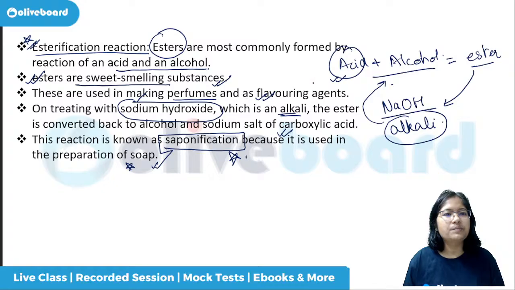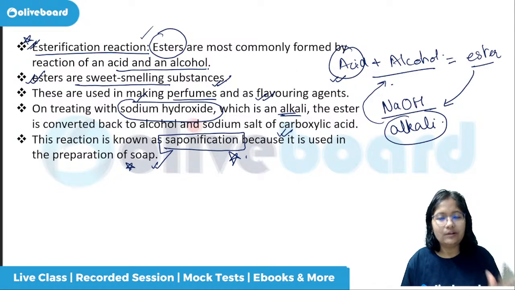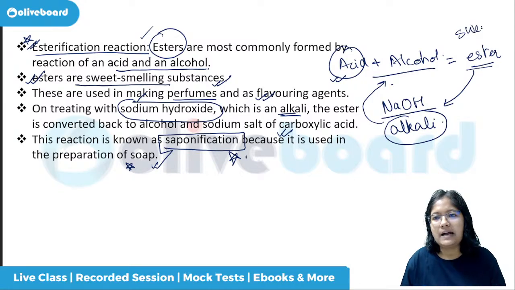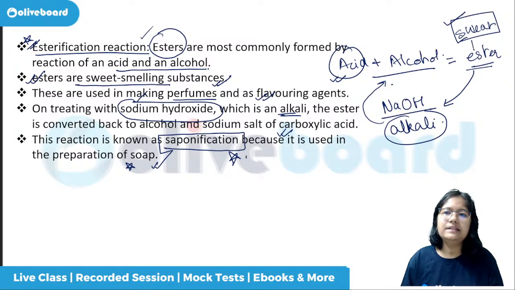So what we have to remember is that esterification reaction means acid plus alcohol will give the ester, and these are sweet smelling. This has been repeatedly asked. Today we will do the question session also, no? There also you will see these are sweet smelling. Please attend that session also, everyone, so that you are able to retain whatever you are learning here.